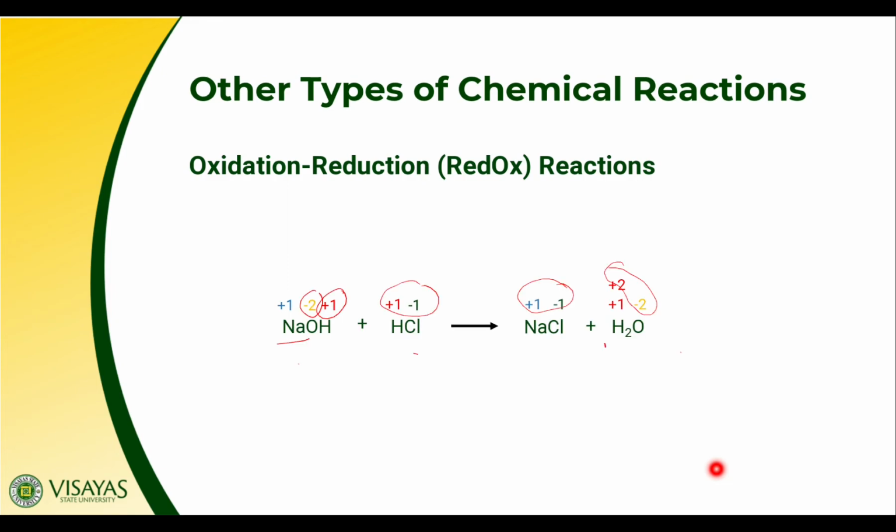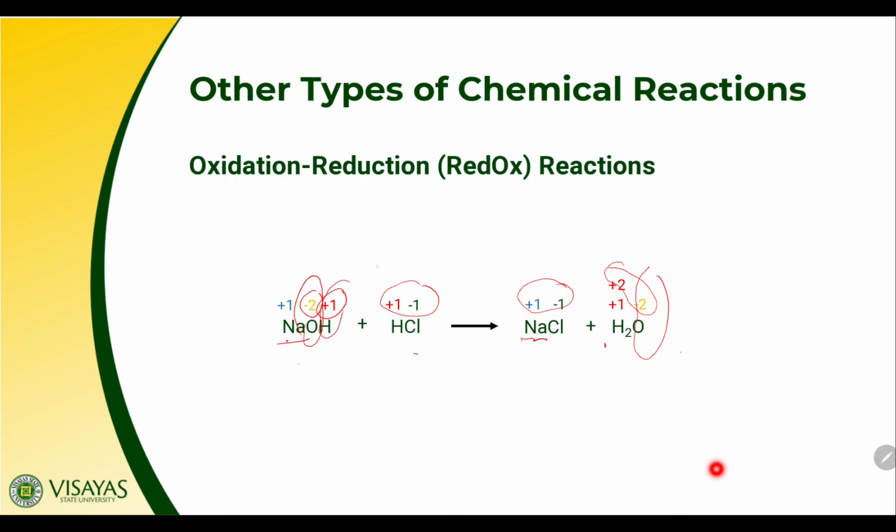Is this an example of a redox reaction? Is there gain and loss of electrons? Sodium on the right side has positive 1. It's still positive 1 on the left side. Oxygen has negative 2 on the left side. On the right side, we also have a negative 2. So there is no gain or loss of electrons.